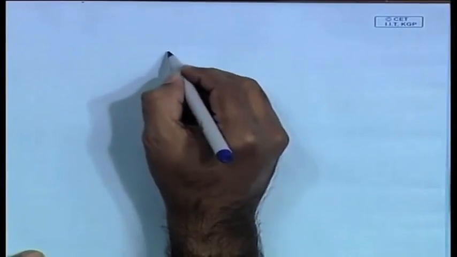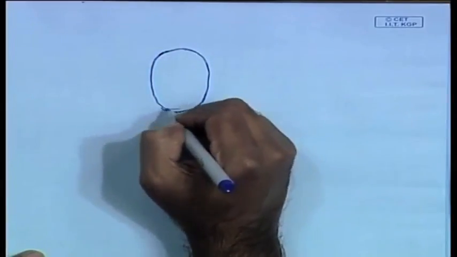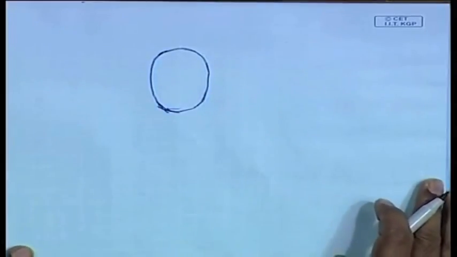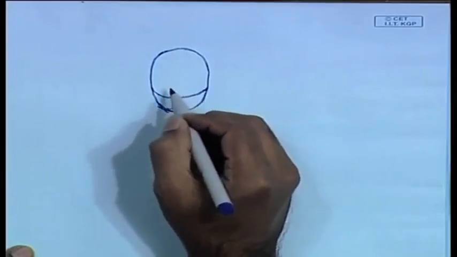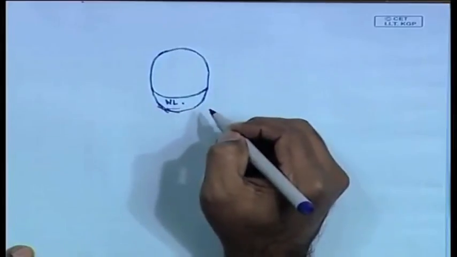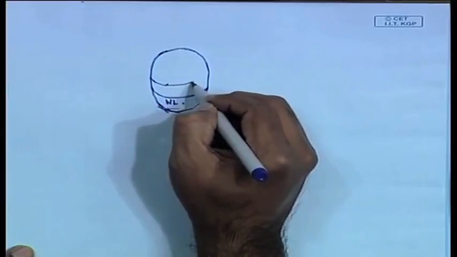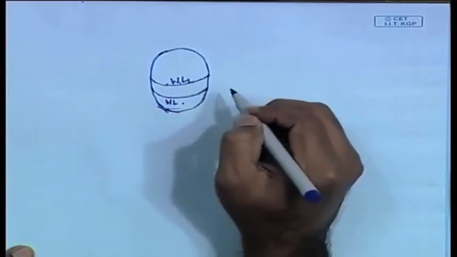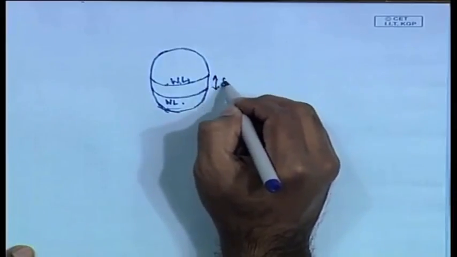Then let us suppose we have a body, okay, and let us suppose it has an initial water line WL and it has a final water line W1 L1 and it has dipped through an angle delta t.